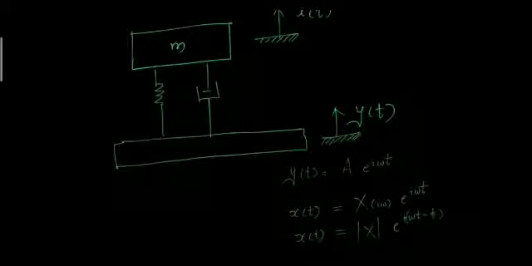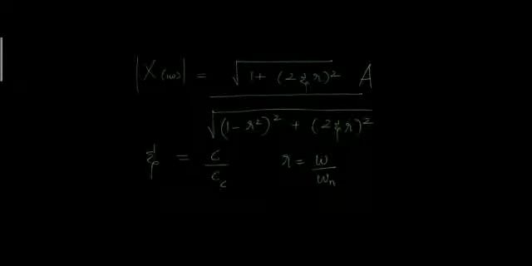Since the excitation has a frequency of little omega, my response will also have a frequency of omega. And always remember that this capital X of i omega is a complex number, so it will have a magnitude as well as a phase. I won't get into the mathematical details, but this is the mathematical expression for the amplitude of the response. This tells you briefly, when your base is vibrating with an amplitude of capital A, then your system will have an amplitude of this much.